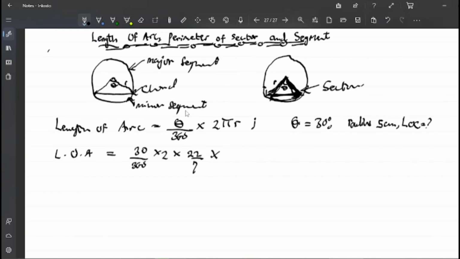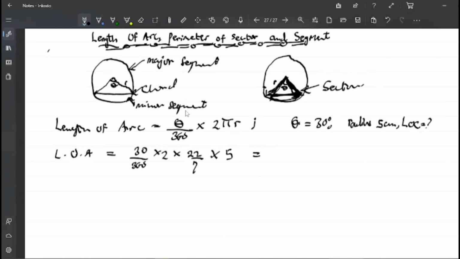There are times they will ask us to give our answer in terms of pi, or you may be given pi as 3.142. Whatever the case is, you should stick to it. So we have 30 over 360 times 2 times 22 times 5, all over 360 multiplied by 7 at the denominator.